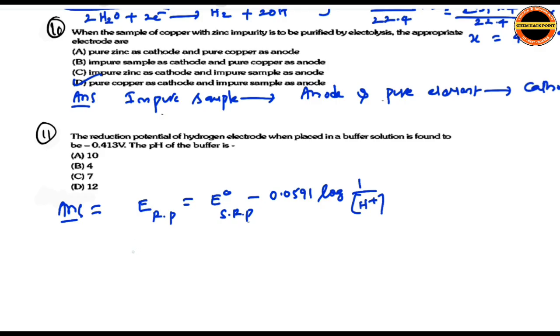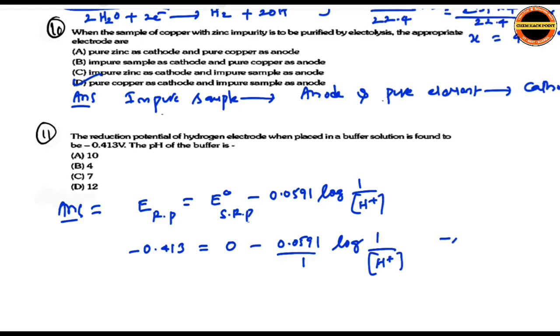ERP that is given is 0.413. Standard value we know is 0, 0.0591, n value is 1, log. They asked the pH of the buffer solution, so we need to find the H plus ion concentration.